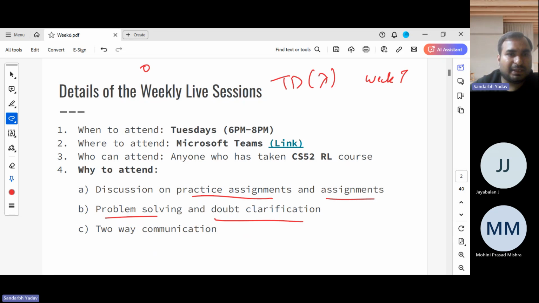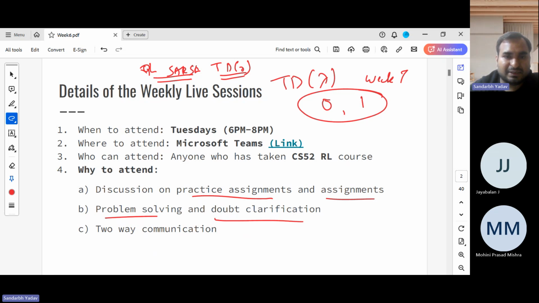So Q learning and SARSA are the most popular learning algorithms, and these are TD zero control algorithms. This zero corresponds to this lambda. Lambda is the family. You can have lambda equal to 0, 1, and in between also. So this is the general family of TD lambda algorithms. This general framework will be introduced in week 7, and in those algorithms you can plug in the value of 0 and get these algorithms.